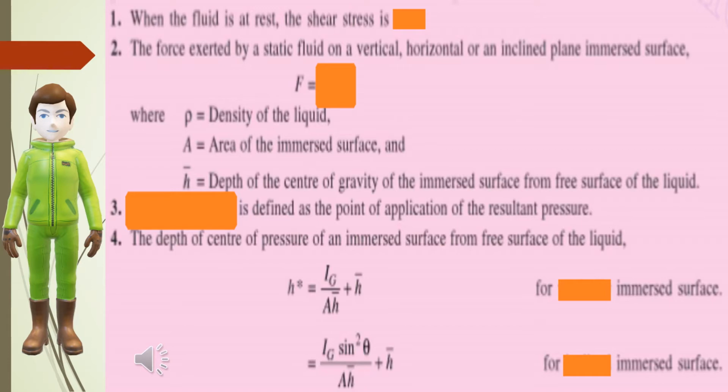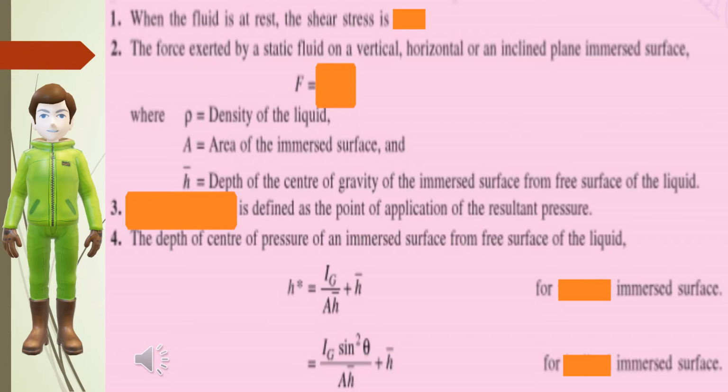Second one, the force exerted by a static fluid on a vertical, horizontal or an inclined plane immersed surface, capital F, equal to dash, where rho equal to density of the fluid, capital A equal to area of the immersed surface, and h bar equal to depth of the center of gravity of the immersed surface from free surface of the liquid.